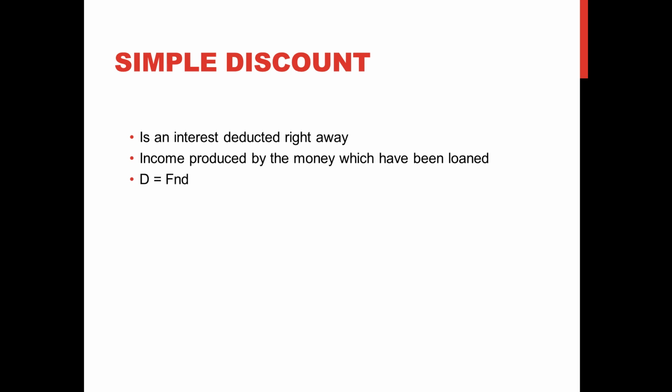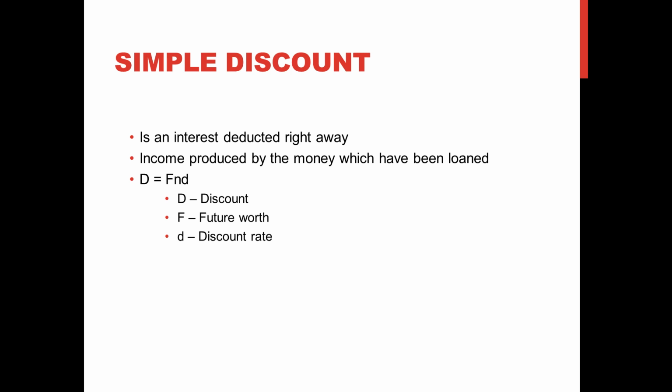Remember that interest is the earnings of money which will be paid in the future, while simple discount is the interest of the money which will be paid or deducted at the present time. So D stands for the discount, F the future worth, and D the discount rate.